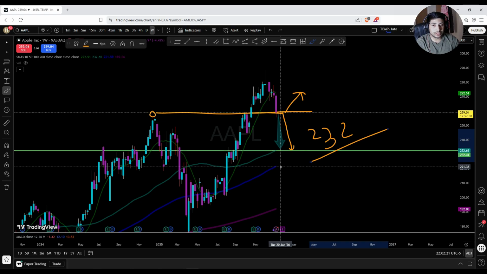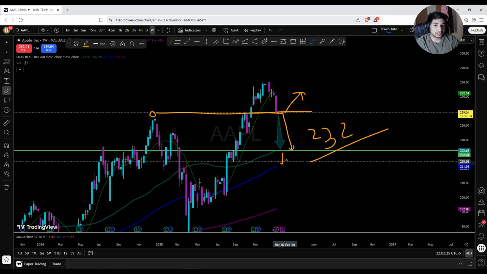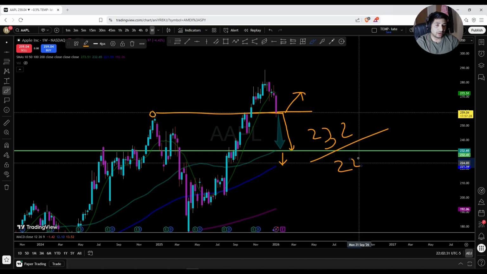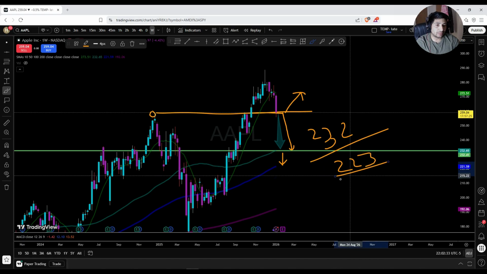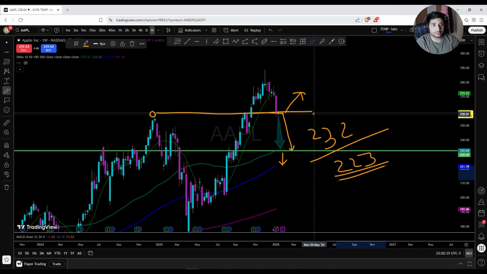It's doing that pretty often. But even if the market is in the bearish phase and it goes down over there, we're going to reach the 222 range, where all people are going to go all in on Apple, because Apple has always been a very good stock to hold, and everyone has been doing that for a long time.